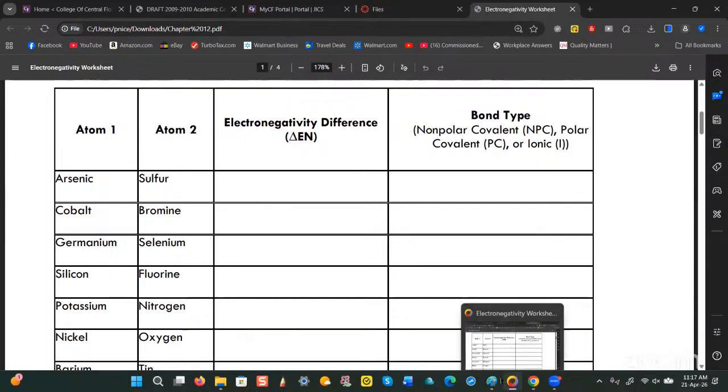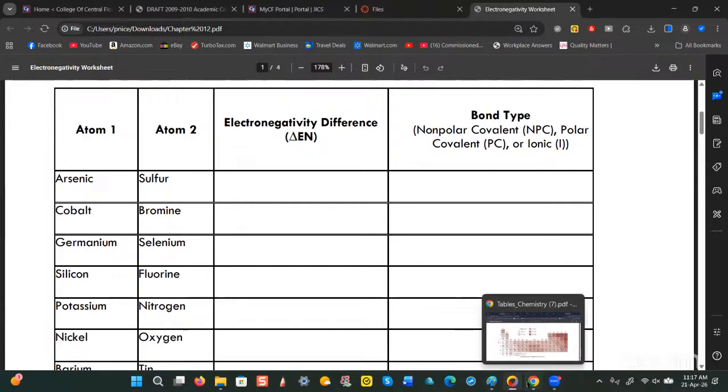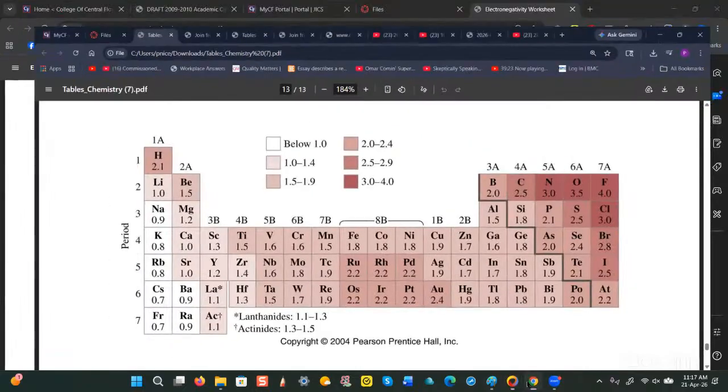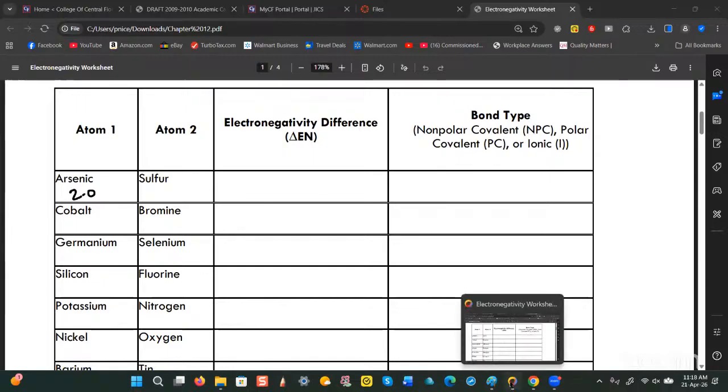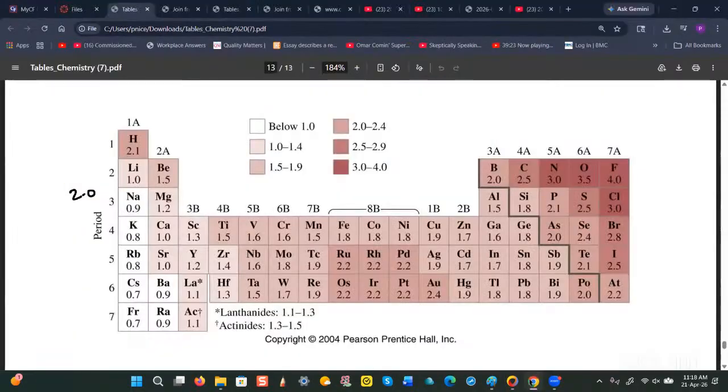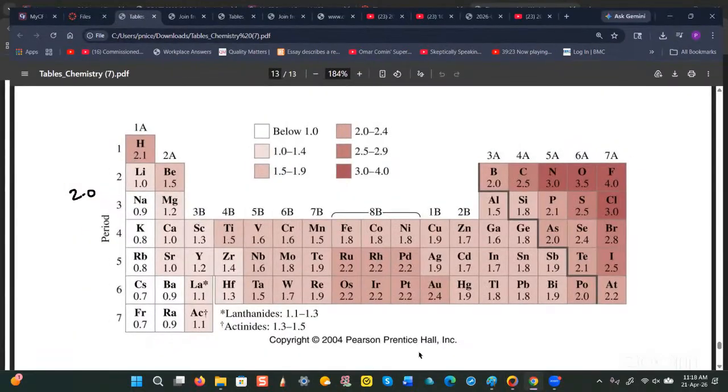So for example, in the case of the first one, it's arsenic and sulfur. Arsenic is 2.0. And sulfur is 2.5.